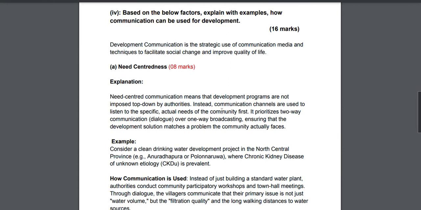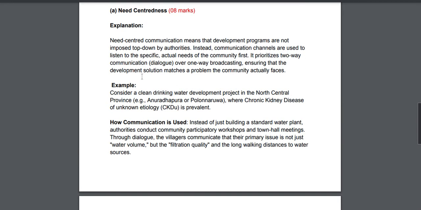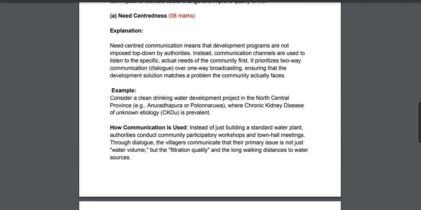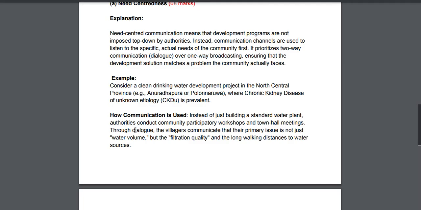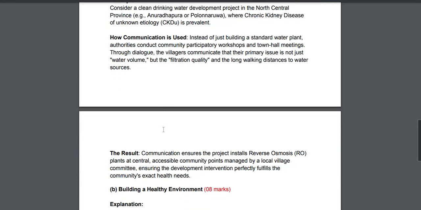Okay, so then this is the first point, that is need centeredness. They have provided this point, so we have to write this one. First explanation, then example, then how communication is used, and the result.